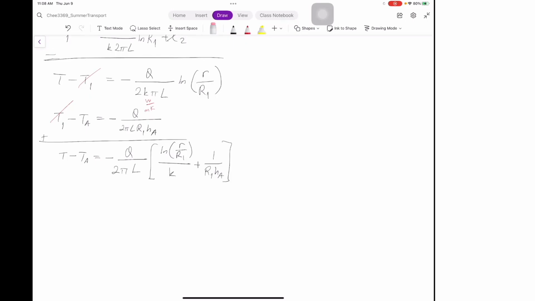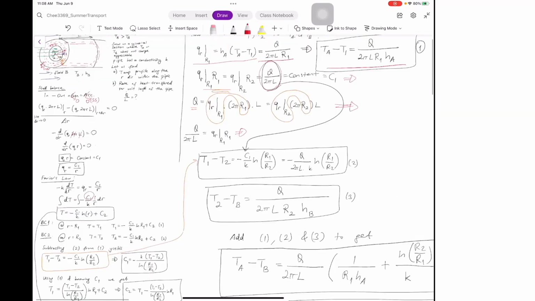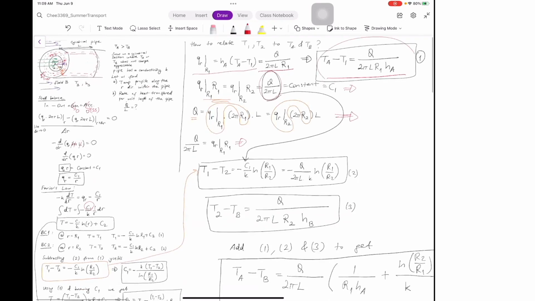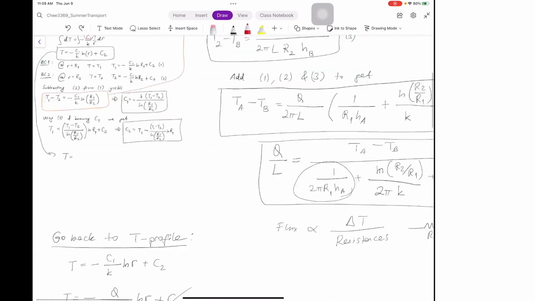And let's do a couple of tests. This is your temperature profile. Check units. At r equal to r1, what happens is this becomes 0, and you get T minus TA as in here, TA minus T1.